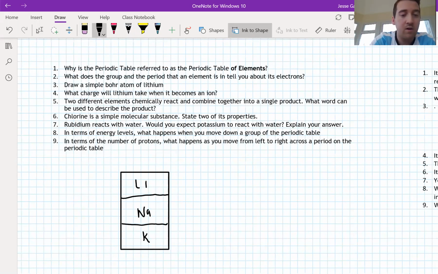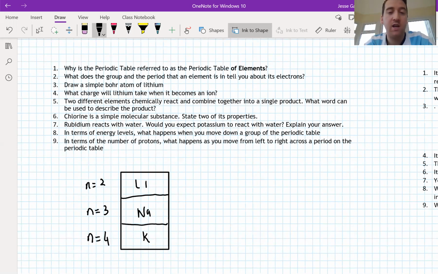Lithium is in what we call the N equal to 2 energy level. Sodium is in the next period, N equal to 3. And potassium is in the N equal to 4 period. Now, there is no element in group 1 that's in N equal to 1. So N equal to 2 is lithium, N equal to 3 is sodium, and N equal to 4 is potassium.